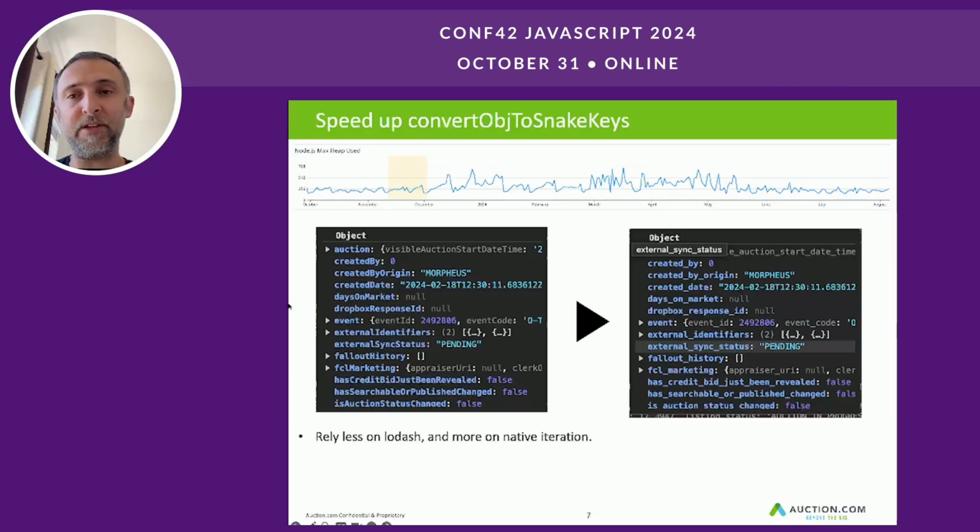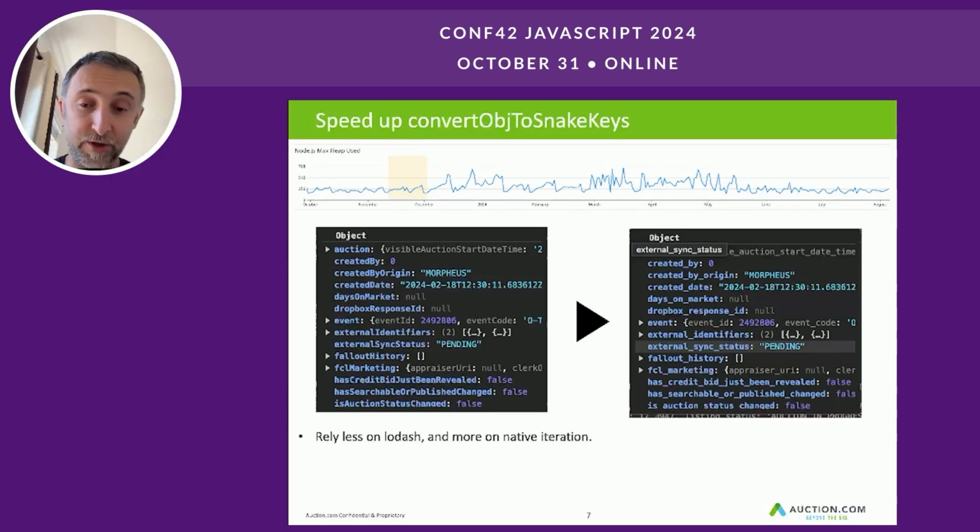In this particular case, we have this one function called convert obj to snake keys. I told you earlier that we have objects that look like this when they come in from Kafka, and we need to convert them basically because our convention is that GraphQL output fields are snake case. So we have this thing that converts a deep object to snake case.